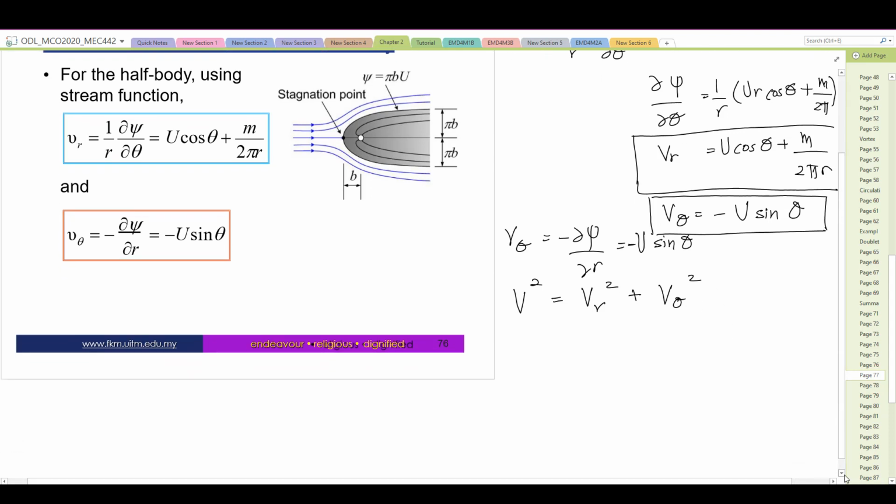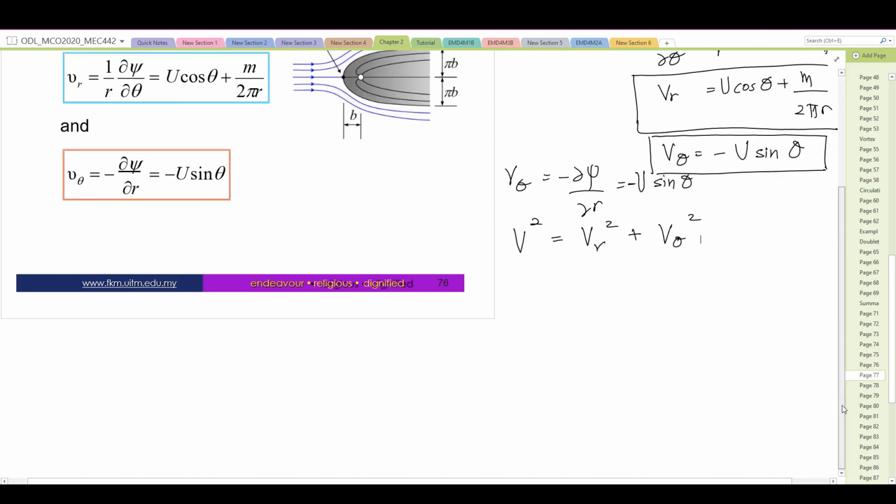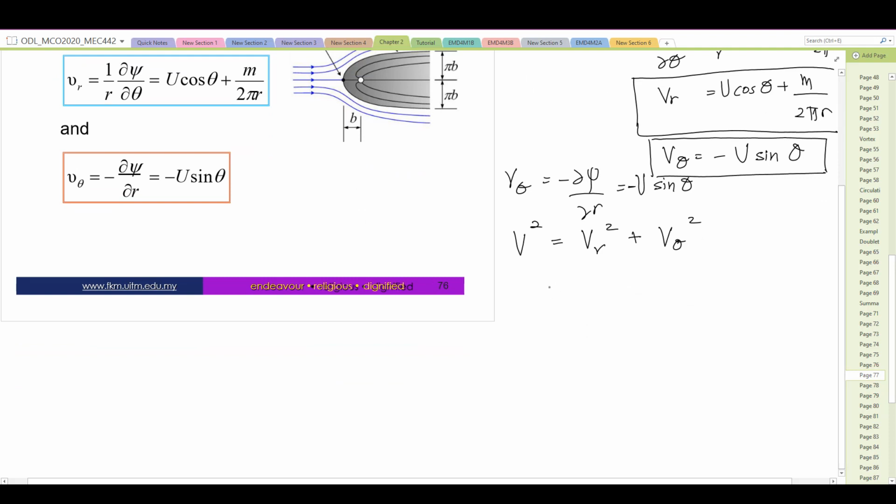From this V_r and V_theta, you will get U cos theta plus m over 2 pi r, squared, plus negative U sine theta, squared, which is equal to U squared sine squared theta. Okay, so solve for this.